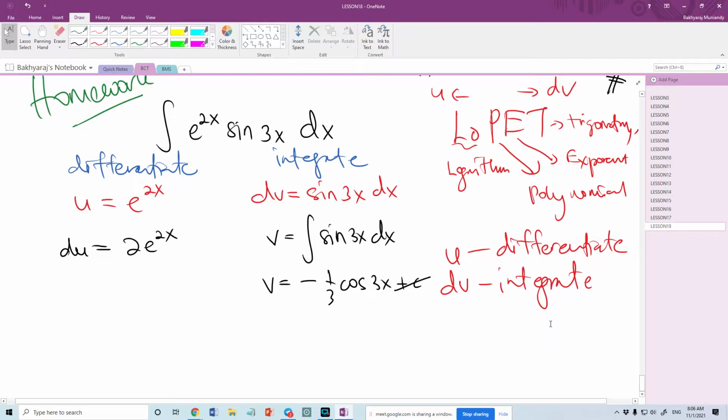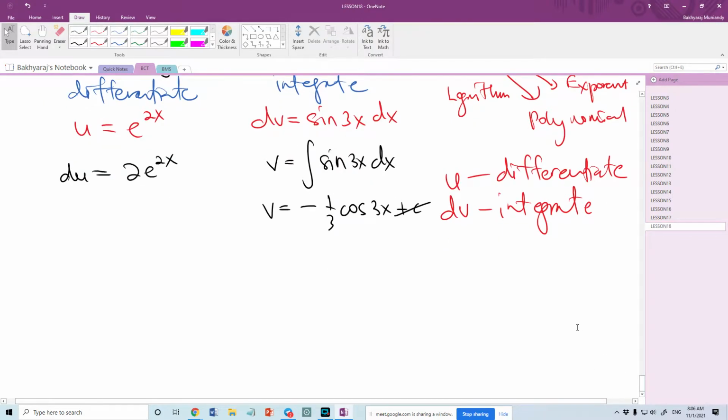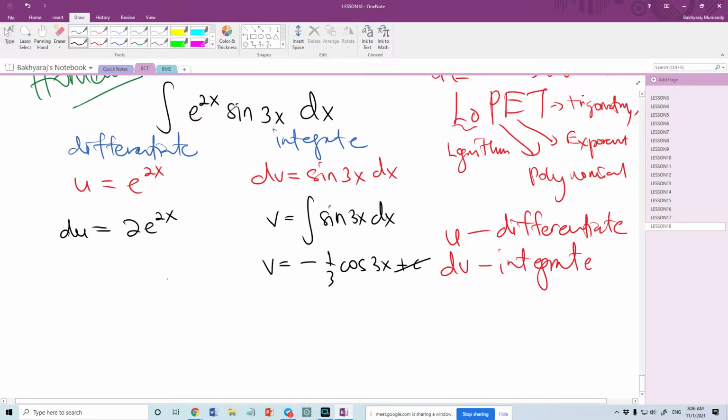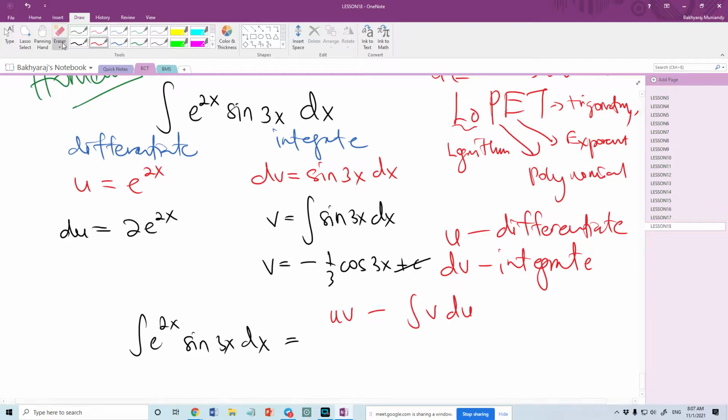So I'm going to continue with the first integration. Exponent 2x sine 3x dx will be equal to, get the formula. What is the formula? uv minus integral of v du. I hope you remember the formula, at least.